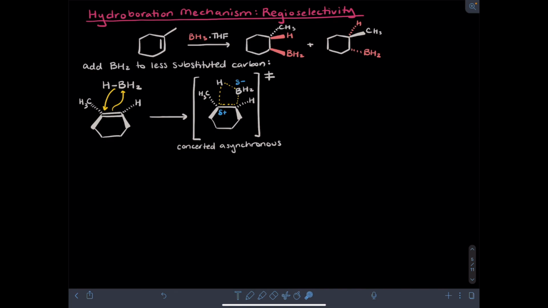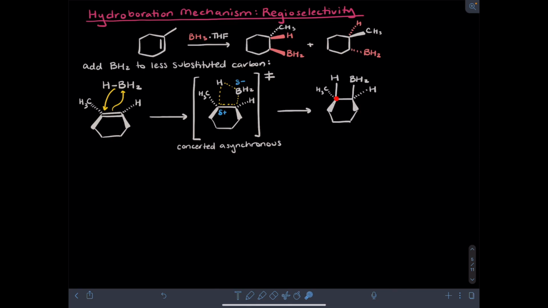And this uneven bond formation leads to some partial charges. Because the hydrogen is late in being delivered to carbon, the carbon has a partial positive charge, because it's losing its pi bond more than it's gaining its new bond to hydrogen. And there's also a partial negative charge on boron. It looks more like a boron with 4 bonds than a boron with 3 bonds, which would be neutral.